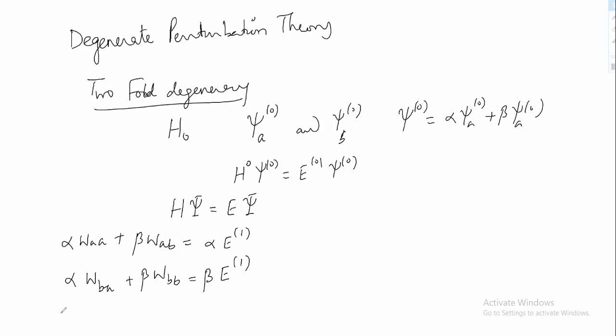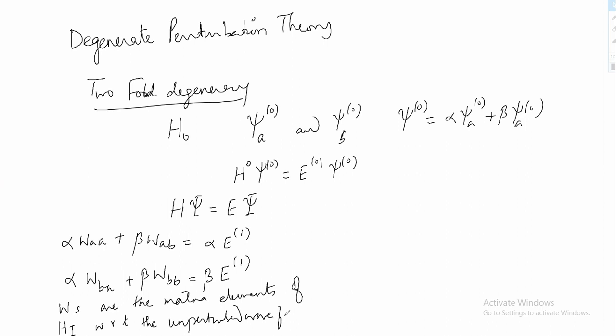Therefore, if you recall, W's are the matrix elements of the perturbed Hamiltonian with respect to the unperturbed wave functions psi A 0 and psi B 0.